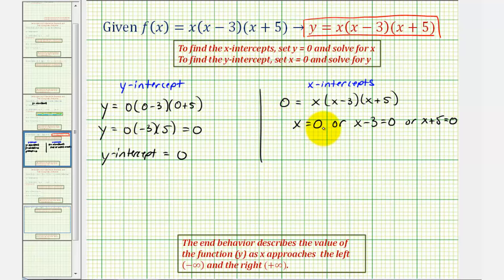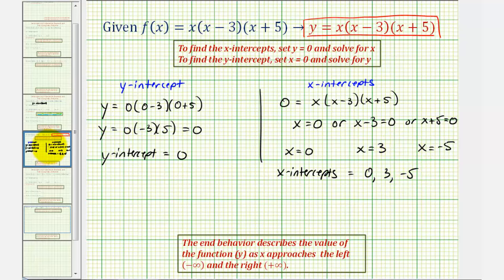So solving for x, this one's already solved for x, so we have x equals 0. Solving for x here, we would add 3 to both sides, so we have x equals 3. Subtracting 5 on both sides, we have x equals negative 5. So here, notice how we have 3 x-intercepts: 0, 3, and negative 5.